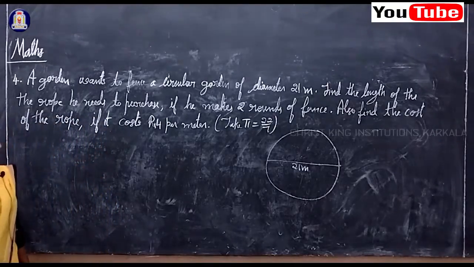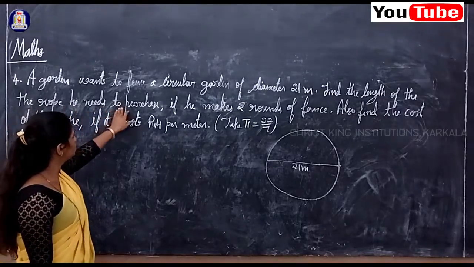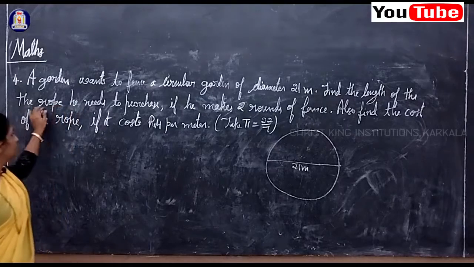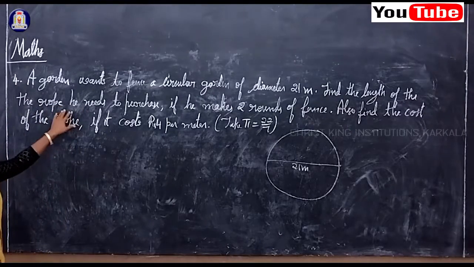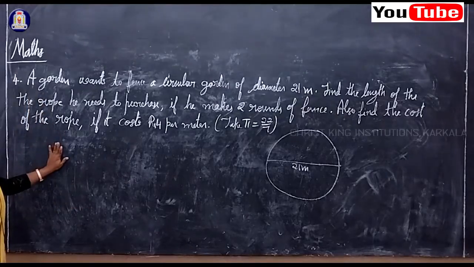Now they are asking to find the length of the rope he needs to purchase. So we want to find the length of the rope required to fence the circular garden.